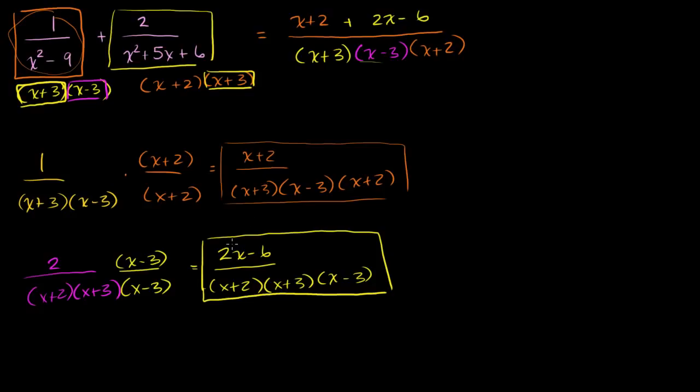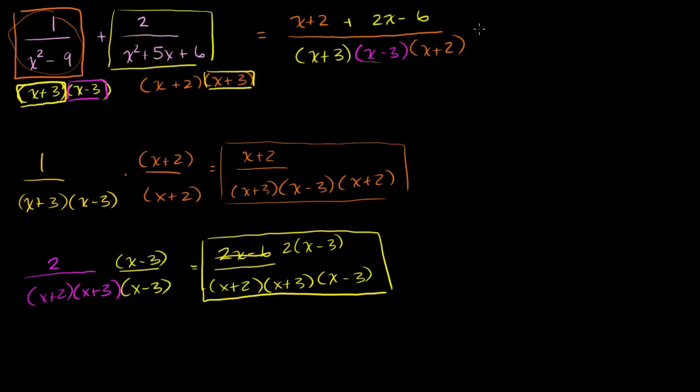And why am I adding 2x minus 6? Because the second term is 2 times x minus 3 over all of this business. The x minus 3's would cancel out, and you get this again. So this is what we get when we add the two.